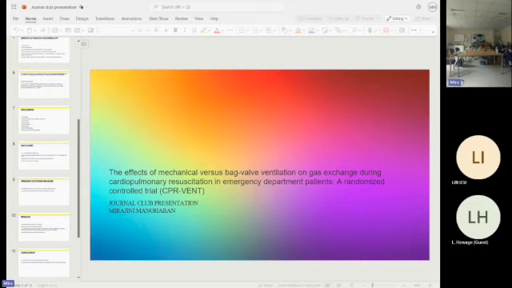And they looked at adult cardiac arrest patients that arrived in the emergency department at that center. The people that they excluded were trauma patients, patients that achieved ROSC prior to being intubated, pediatric patients, and pregnant patients.